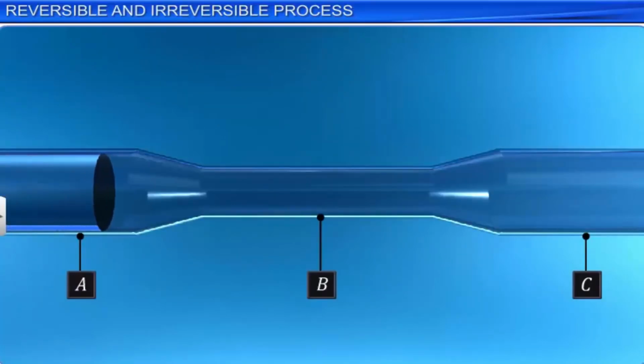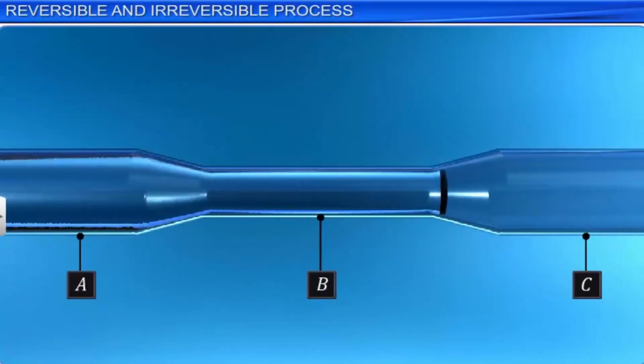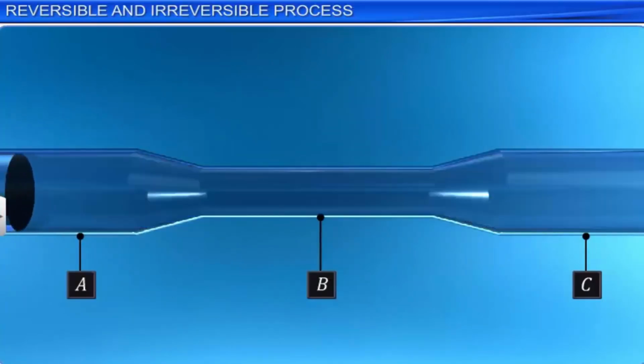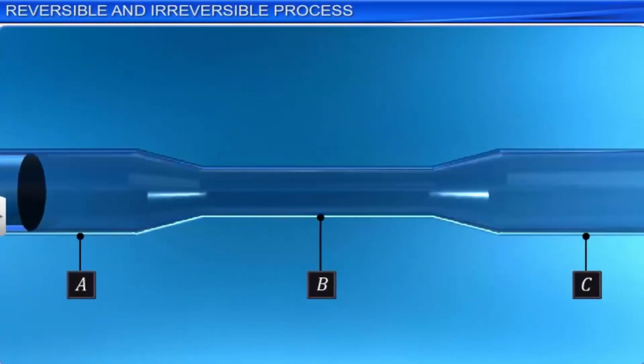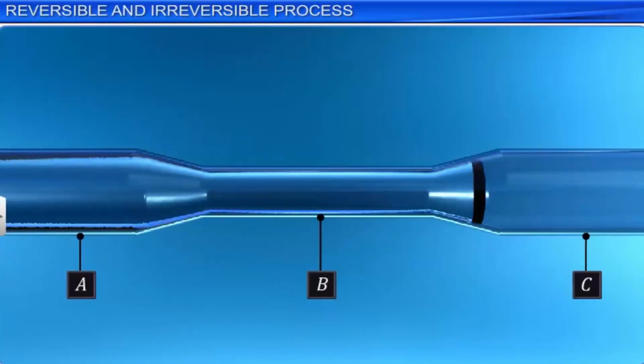Because of the dissipative effects due to friction, viscosity, etc., complete reversibility is not possible, as we can only minimize the effects of dissipative forces and cannot completely eliminate them. Most processes in nature are irreversible.